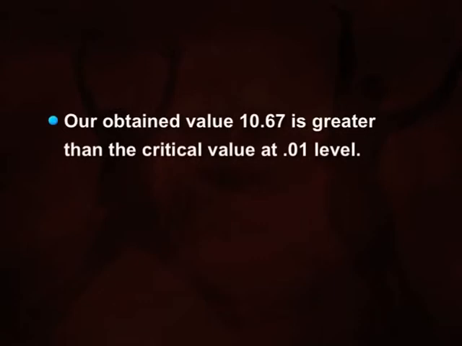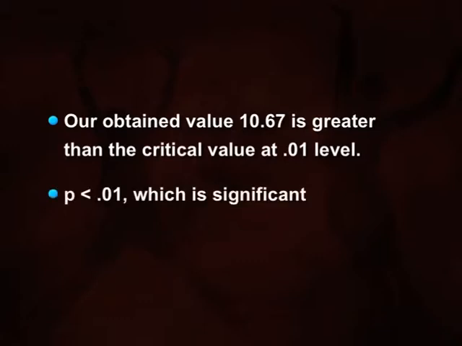Our obtained value 10.67 is greater than the critical value at 0.01 level, that is p less than 0.01, which is significant. So, we accept our alternate hypothesis and reject the null hypothesis. We would say that there is statistical evidence that gender is dependent on height.